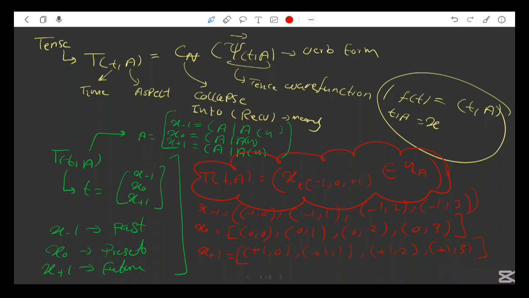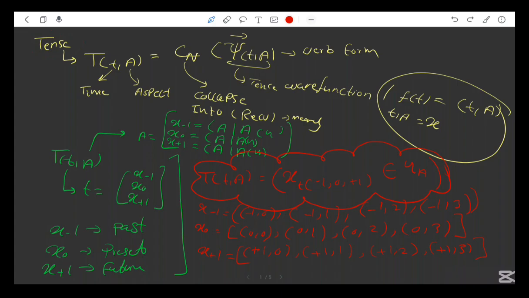So this is the explanation of the tenses. We can also show it on a graph, right? So let me just review it. This is tense, and the formula for that is T sub TA equals the incross of wave operator of sub TA, which also shows a verb form.